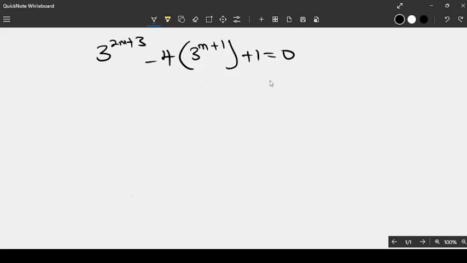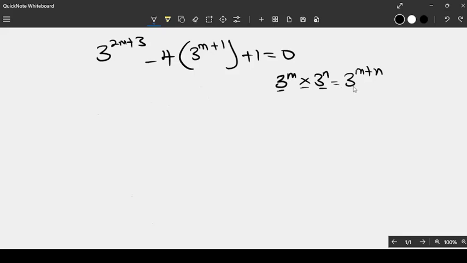If you recall one of the laws of indices, which says that we have, let's say, 3 exponent m times 3 exponent n. The law says that if you have the same base and the sign is multiplication, what you do is write one of the bases and then add the exponents. So we are going to apply the same law here.